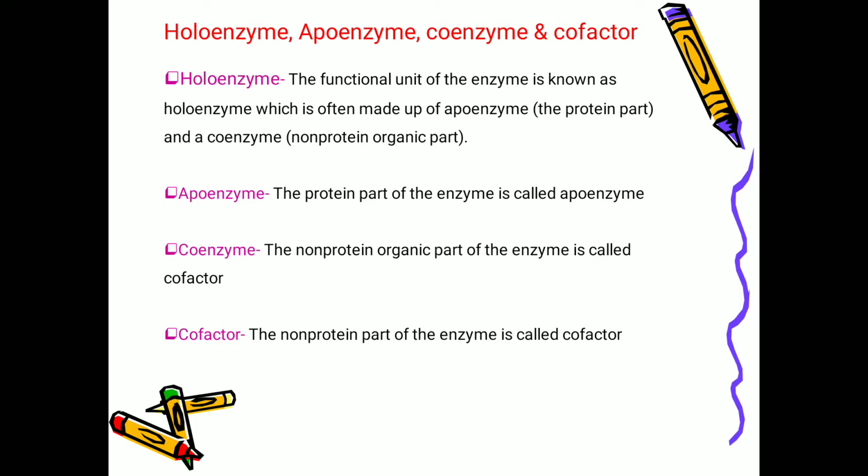And the non-protein inorganic part of the enzyme is called the cofactor, like metal ions. Suppose the non-protein part is an organic part, consisting of hydrocarbons in a chain, that is called coenzyme. Suppose it is metal ions or inorganic molecules, it is called cofactor.